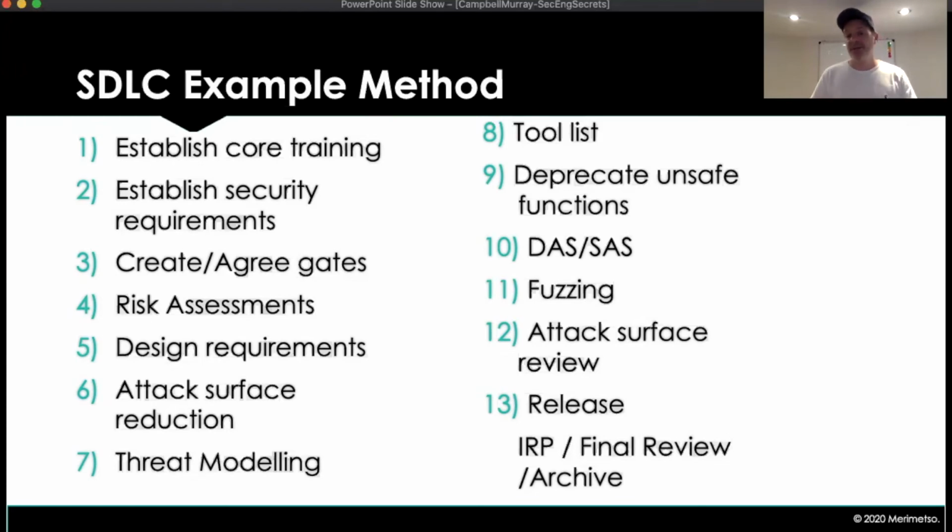Because otherwise, if somebody's not doing it properly, they might rate a risk too low or too high. And that could put a stopper in your development process. If the risk is rated too high, you might be spending unnecessary effort trying to fix that. If it's rated too low, it's below the bug gate, and then you might put a vulnerability into your code without realizing it. So that core training is absolutely essential.